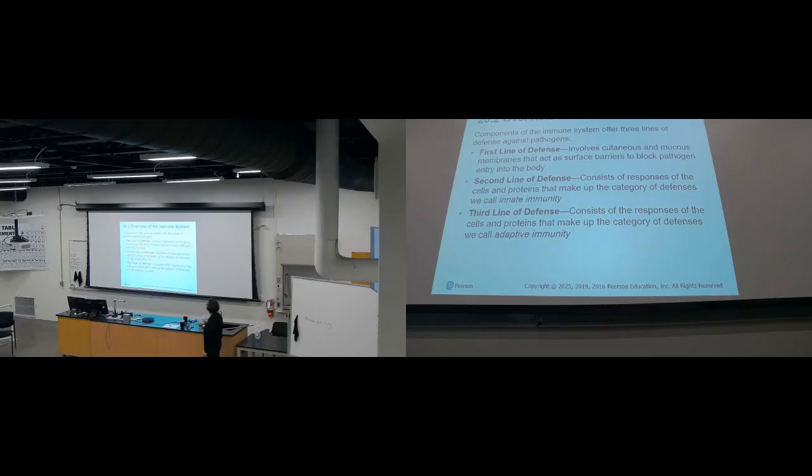The first line is made by physical barriers, like the skin and the mucosas, like our oral cavity, the vagina, the urethra, the anus. All of the mucosas, including the lining of the respiratory tract and the digestive system, form a physical barrier.